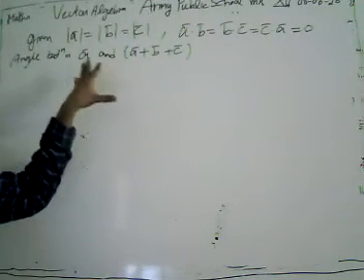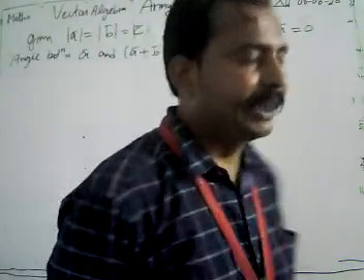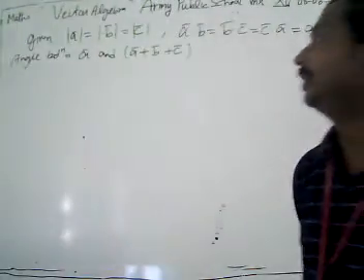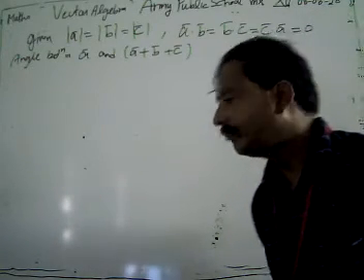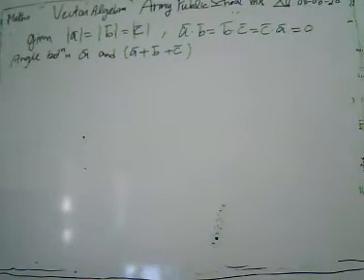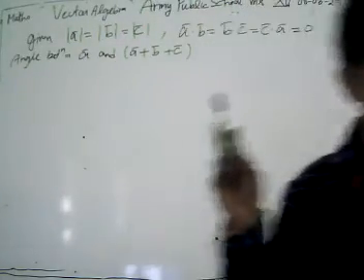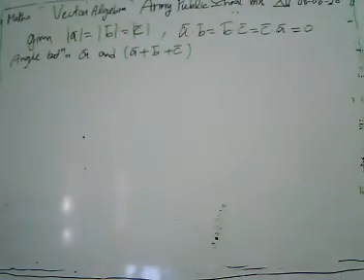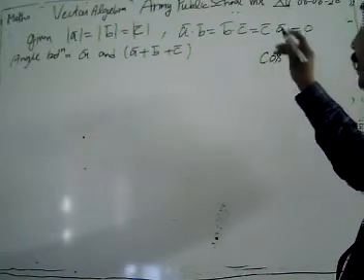What is given? We have three vectors A, B, and C having equal magnitude, and these vectors are mutually perpendicular to each other. Then we have to find the angle between vector A and the sum A plus B plus C. How can we find the angle between two vectors?